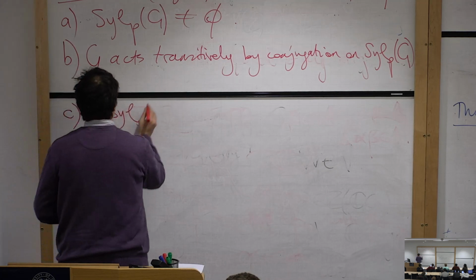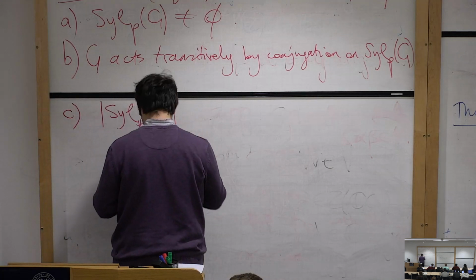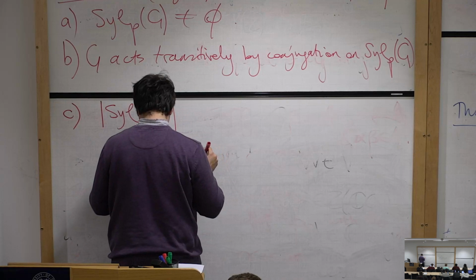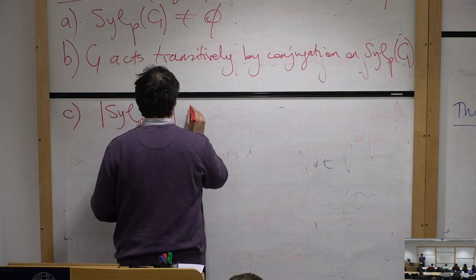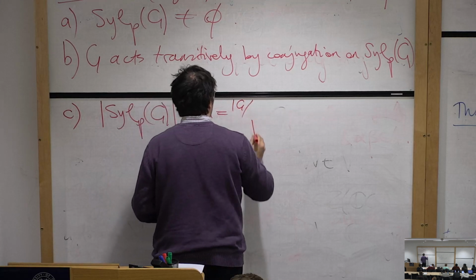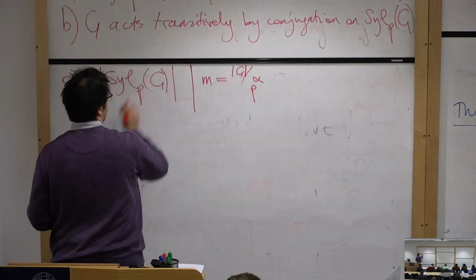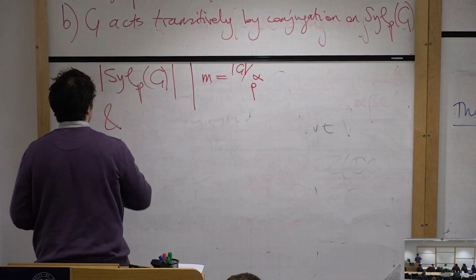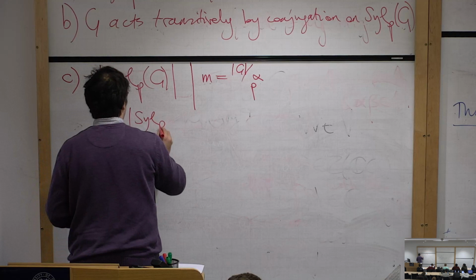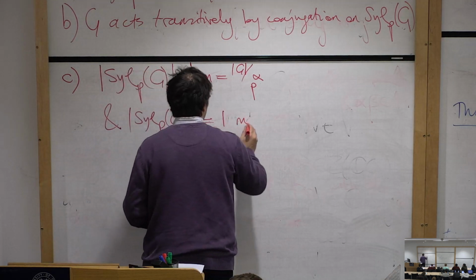I don't think I need this for Burnside. Why not? This number divides m. Right? m is coprime to p, remember? It's the non-p part of the order of G. And this number, n_p, is congruent to 1 mod p.